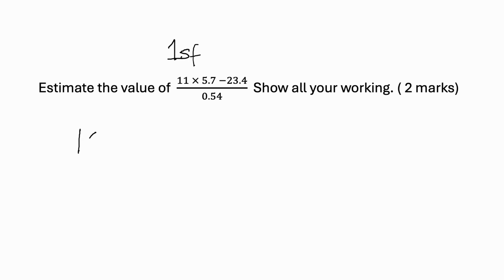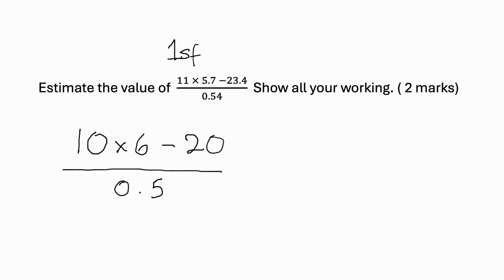So 11 to one significant figure is 10. And 5.7 to one significant figure is 6. 23.4 to one significant figure is 20. And 0.54 to one significant figure is 0.5.